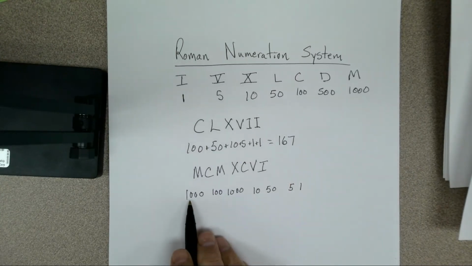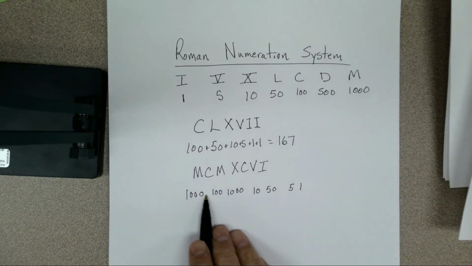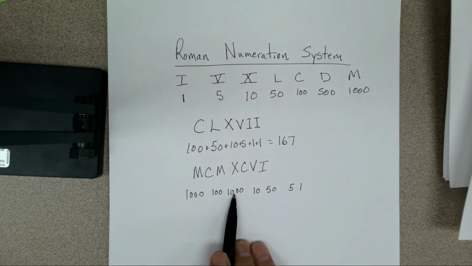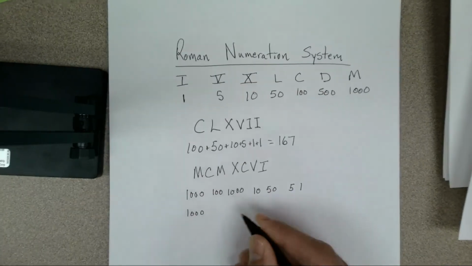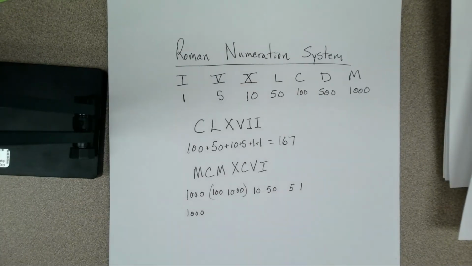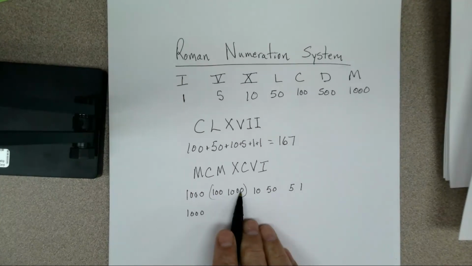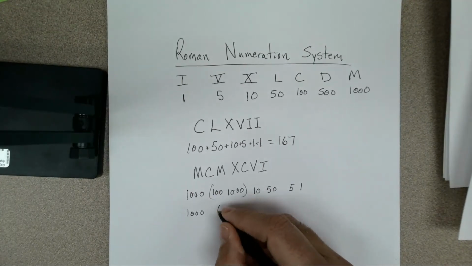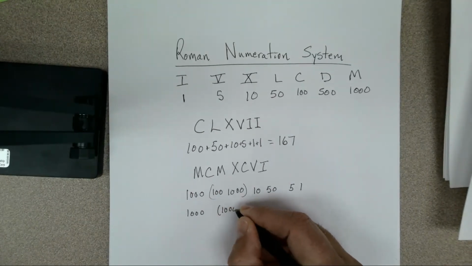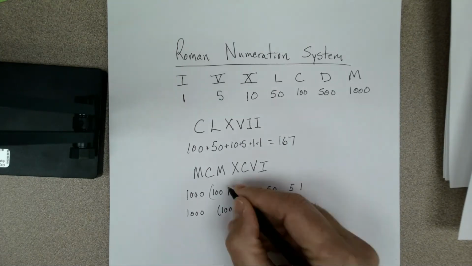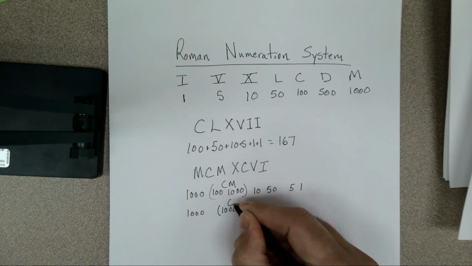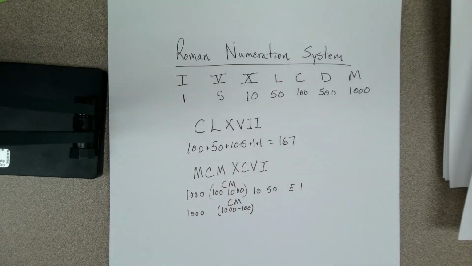All right, so as you move left to right, if you go from a smaller to a bigger number here, okay, so I have 1,000 as the first one, but then notice I go from 100 to 1,000. So what that really means is you subtract the 100 from the number after it. Okay, so CM is going from smaller to larger, so you're going to subtract that.